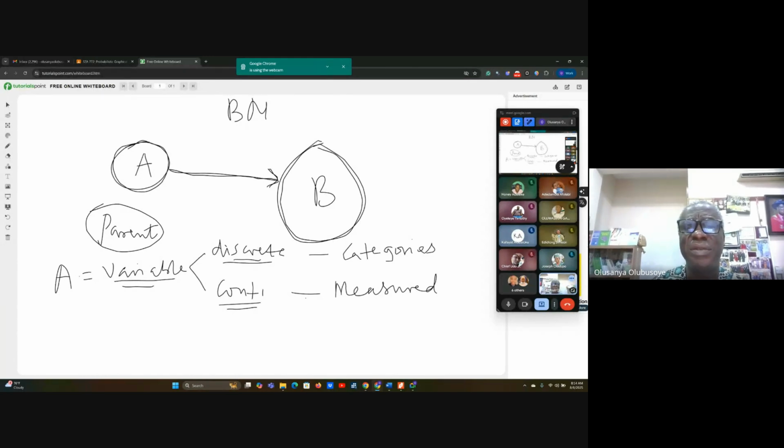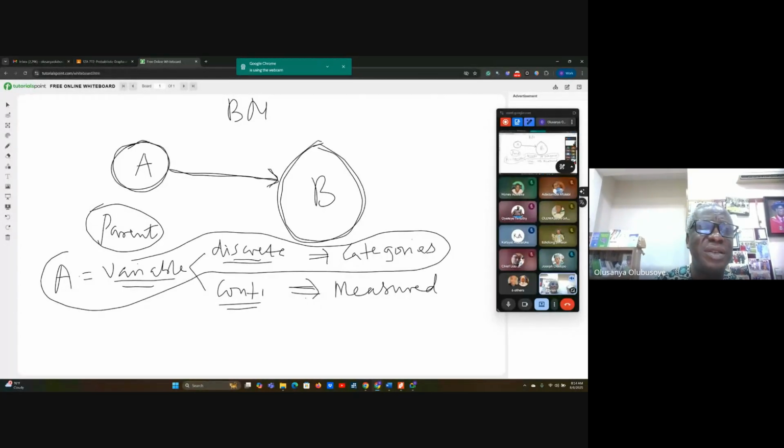But discrete variables are usually in categories. So that's how you distinguish. But our focus for now will be situations where variables are discrete. So A could be at levels of yes or no.